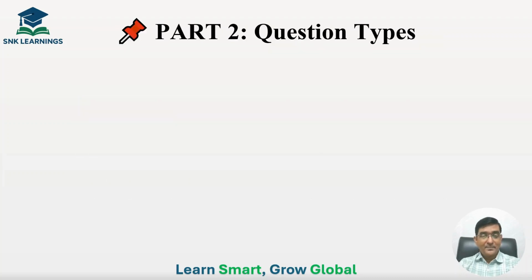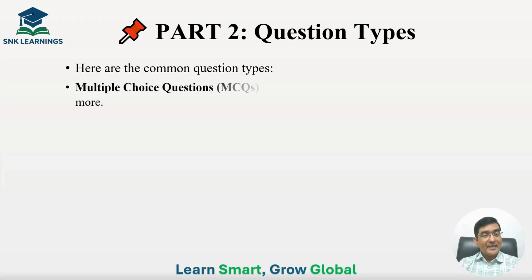Now the second part comes, that is the question types. I have jotted down many question types generally asked in the listening test. Here are the common ones. First, MCQs. We all know this word, multiple choice questions. There is a question and there are certain options beneath the question.